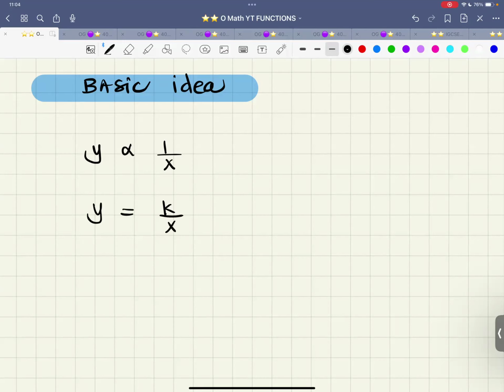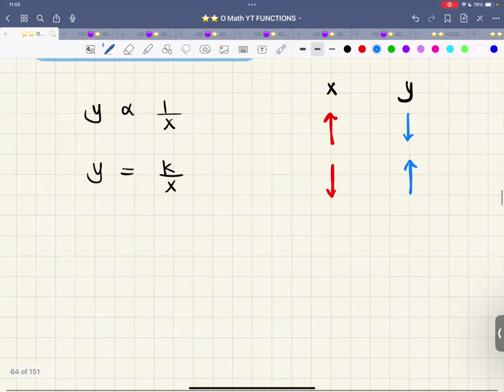What do we mean by inverse proportionality? We mean that, let me write over here, x and y. If x increases, then y decreases. Similarly, if x decreases, therefore y increases. That's the first thing.